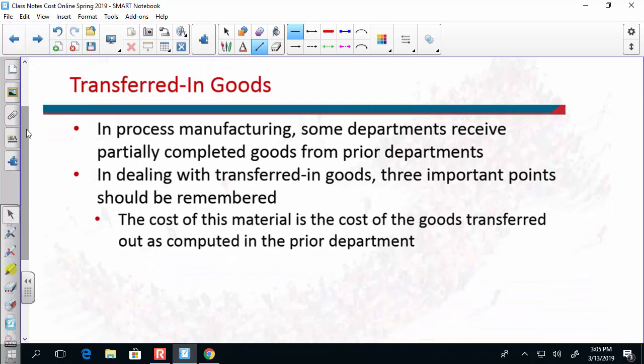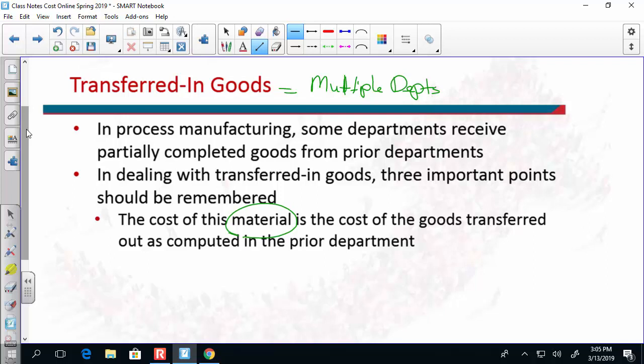Transferred in is multiple departments. So on your project you'll have two departments. On the second department you'll have a transferred in column. Transferred in is considered a material.